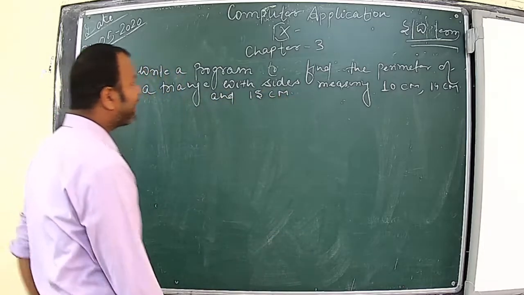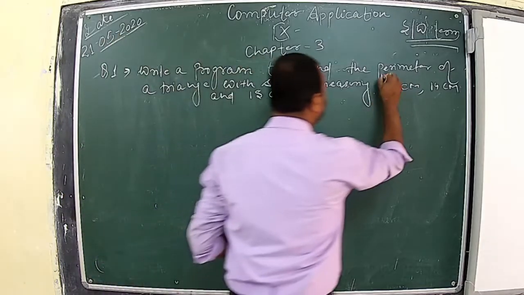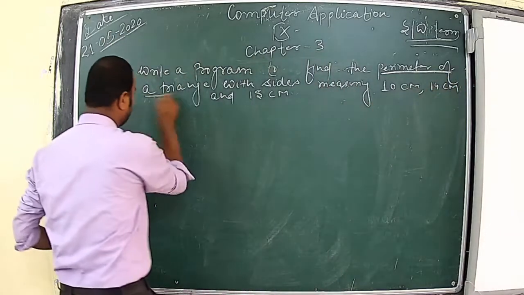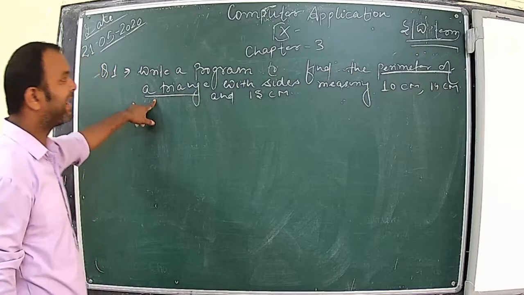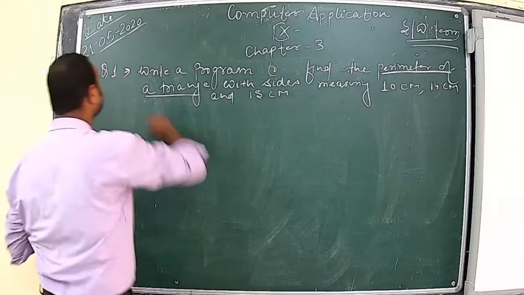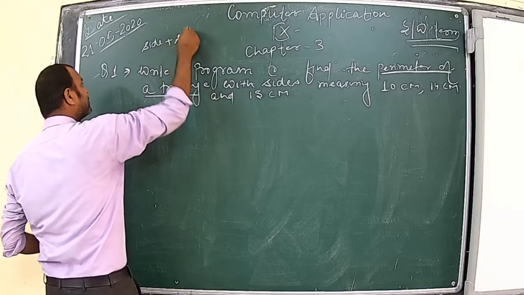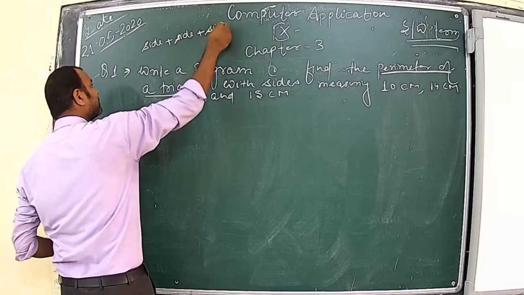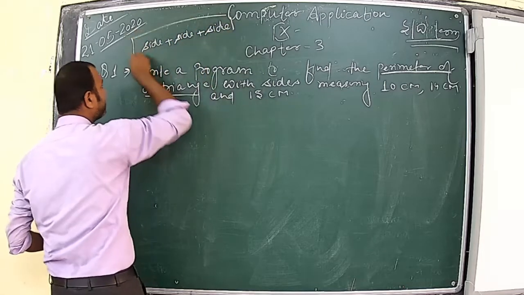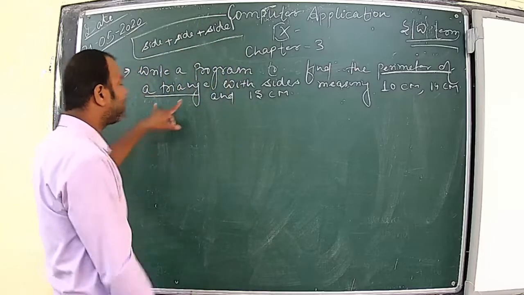So what we have to calculate here is the perimeter of a triangle. The formula for calculating the perimeter of a triangle is side plus side plus side. So this is the formula to calculate the perimeter of a triangle.